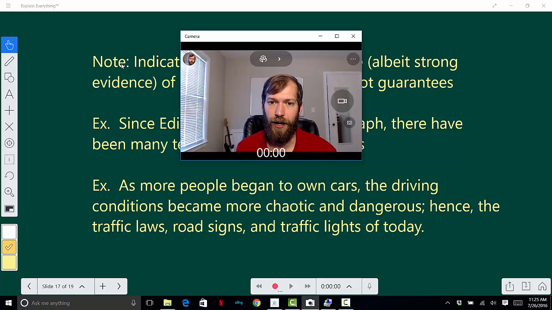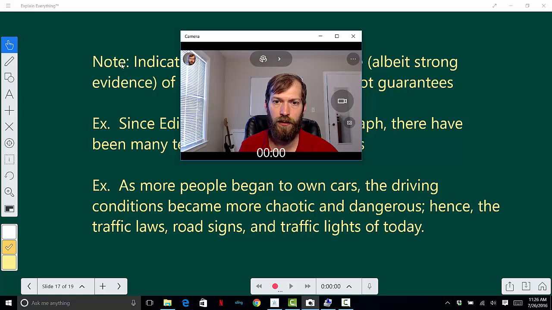Instead, we're getting something more like an explanation. We're saying, well, what explains the fact that we have traffic laws? Well, more people began to own cars, and as a result of that, the driving conditions became more chaotic and dangerous, and that explains why we have these traffic laws, to stop this chaotic driving and dangerous conditions.